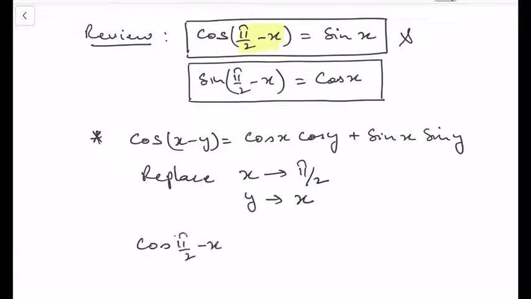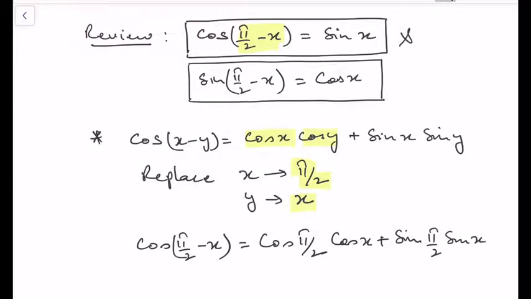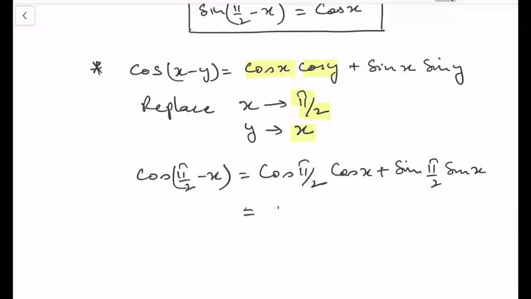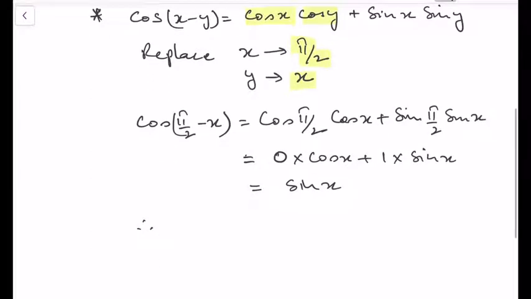So cos(pi/2 - x) will be cos(pi/2) cos x plus sin(pi/2) sin x. Now cos(pi/2) is 0, so 0 times cos x plus sin(pi/2) is 1, so 1 times sin x. So we will get sin x. Therefore, cos(pi/2 - x) is equal to sin x.